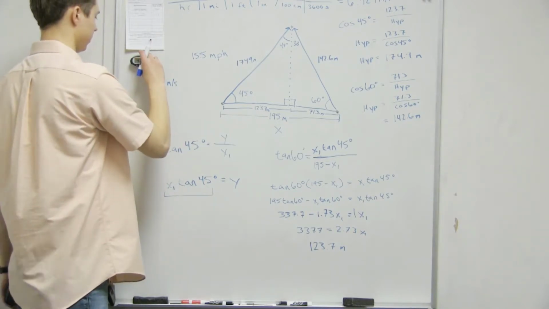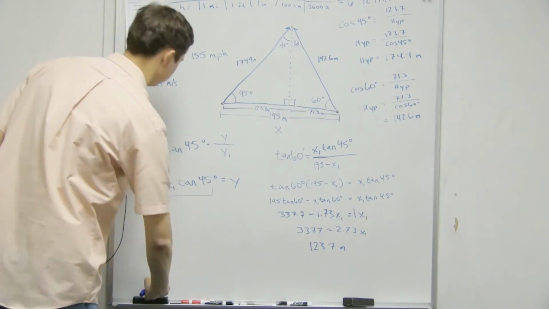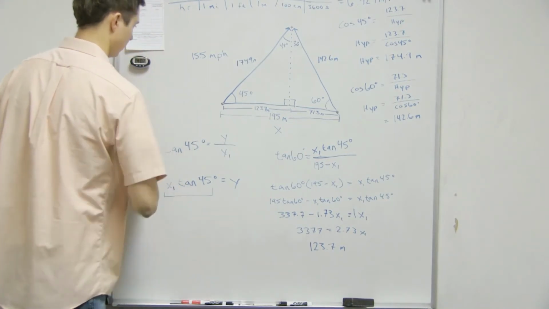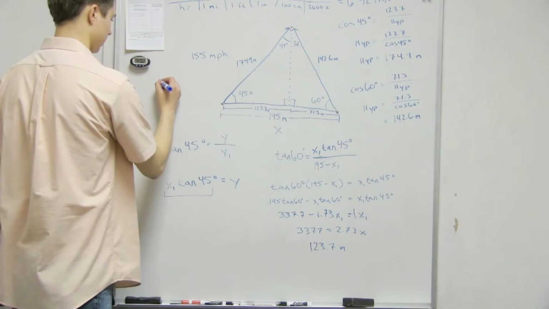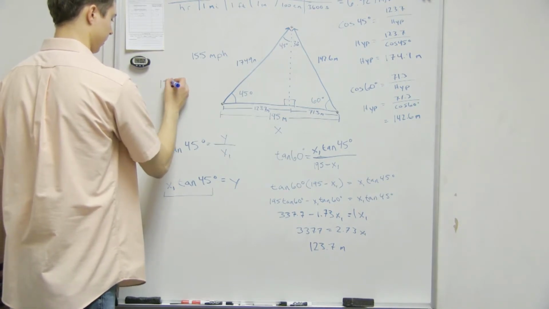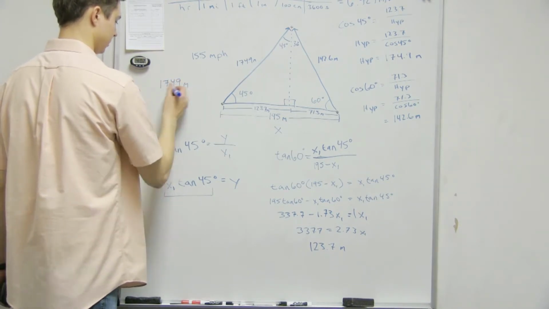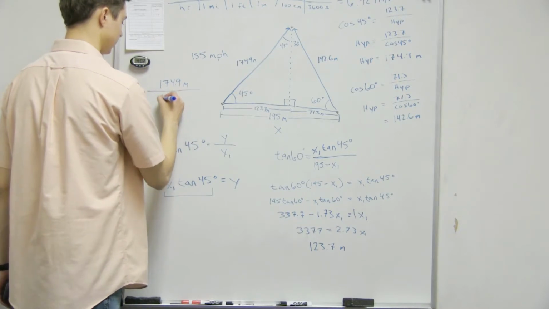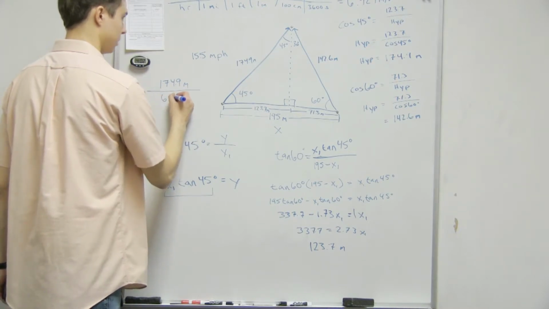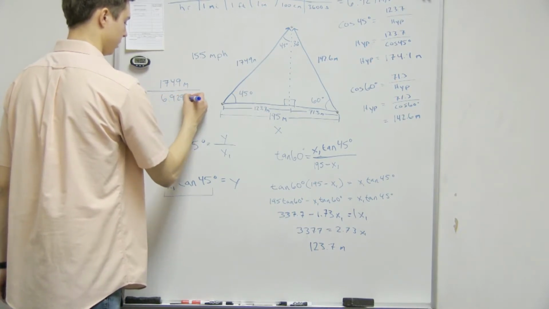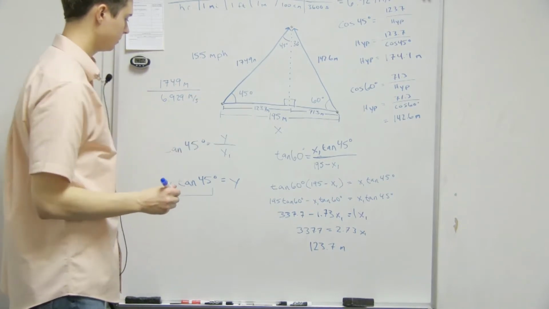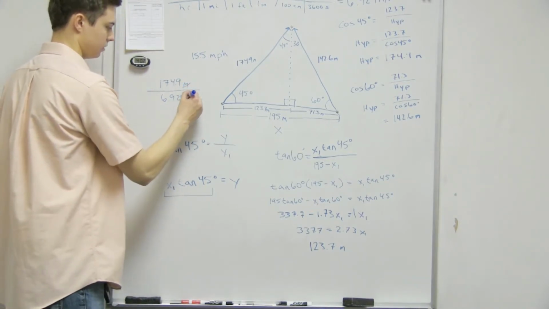So the way that we can do that, if we take 174.9 meters, divide it by 6.929 meters per second. Meters cancel.